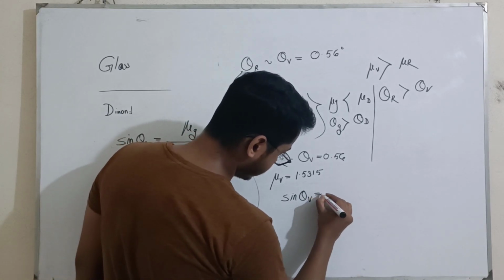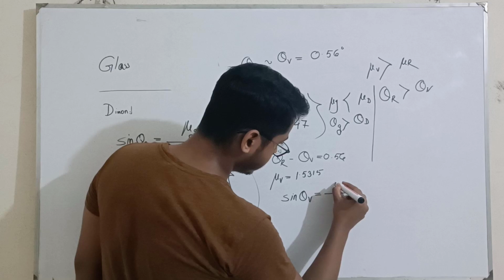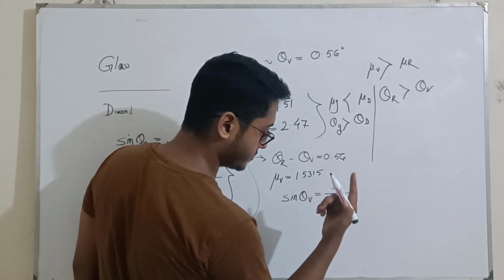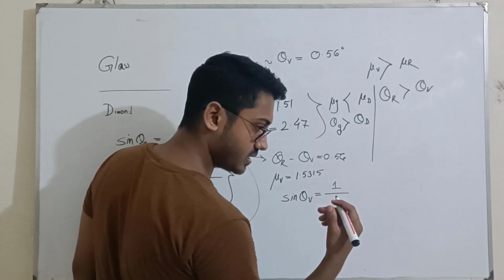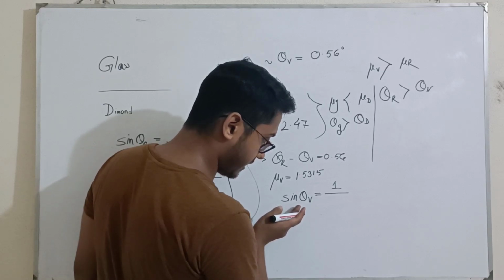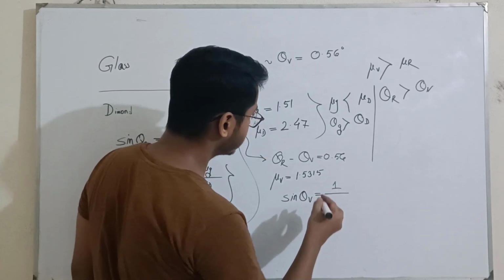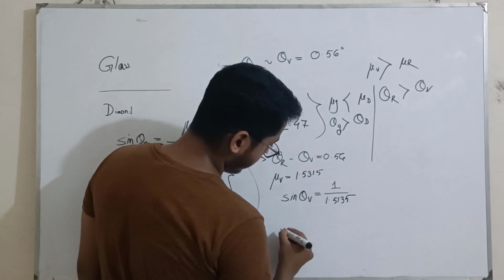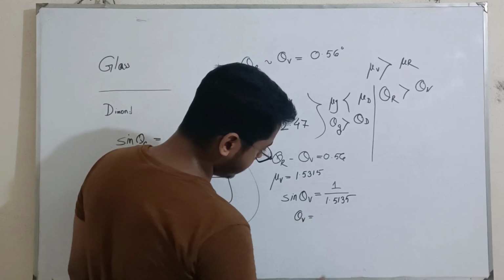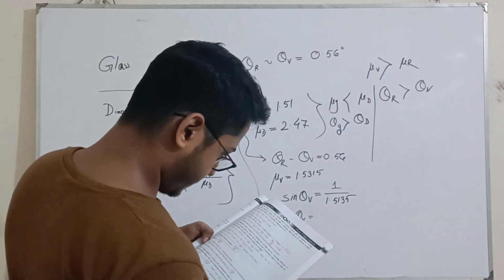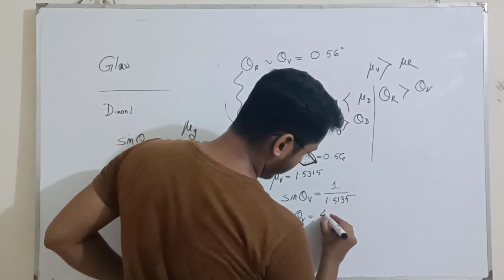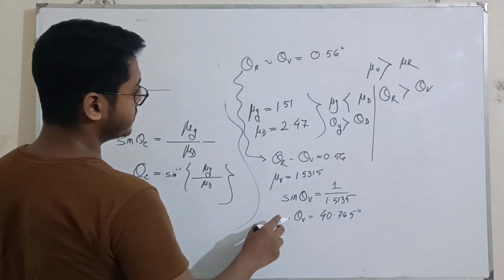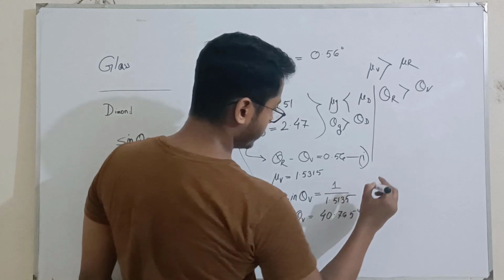Sin theta v is equal to, for air medium, the refractive index of the lighter medium, which is air, 1, divided by the refractive index of the denser medium, which is the crown glass for violet light, given as 1.5135. From here we determine theta v is equal to 40.765 degree. Now we put this value in equation 1.